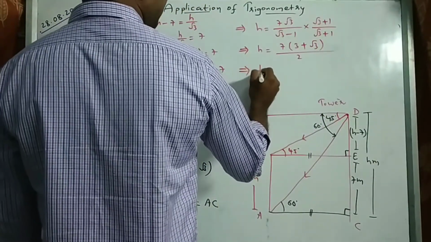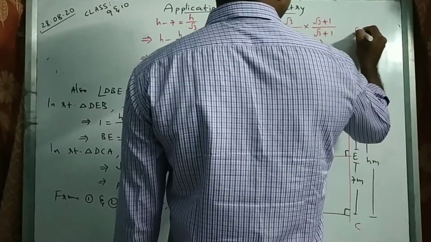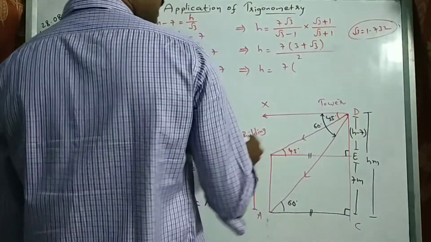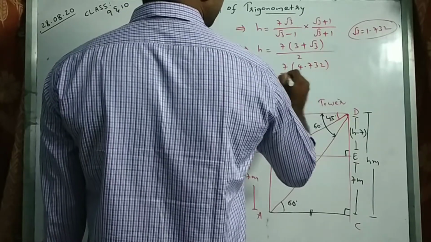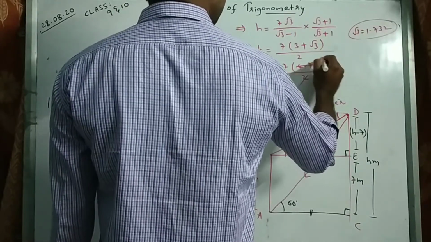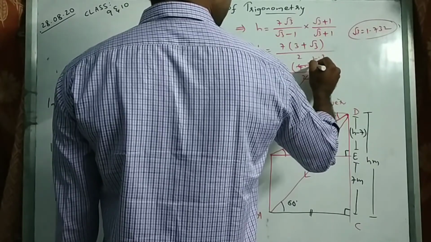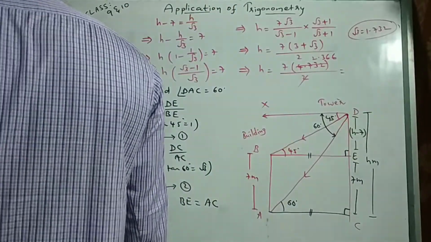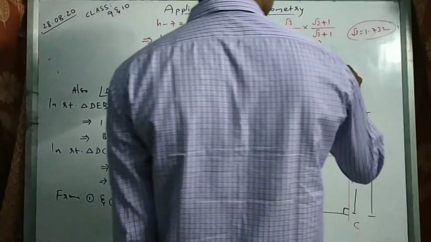A plus B into A minus B, right? 7 into root 3 value, what did I tell you? Root 3 value 1.732. You remember? So 1.732 means here 4.732 you will get by 2. Cut with 2. So if you multiply with 7, you will get 16.59.